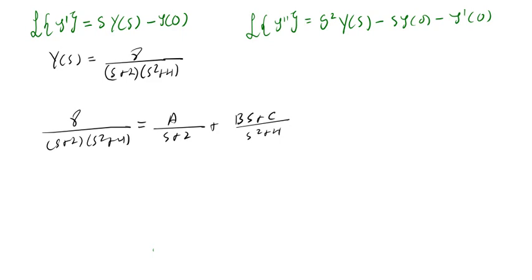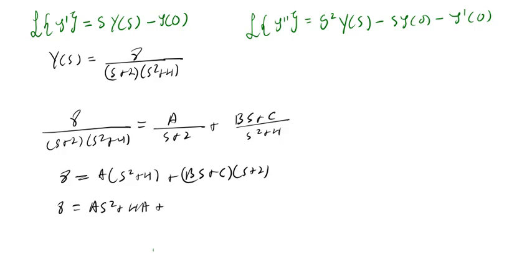So if we multiply both sides by the denominator, we have 8 equals a times s squared plus 4, plus bs plus c multiplied by s plus 2. So that will be 8 equals as squared plus 4a plus bs squared plus 2bs plus cs plus 2c.